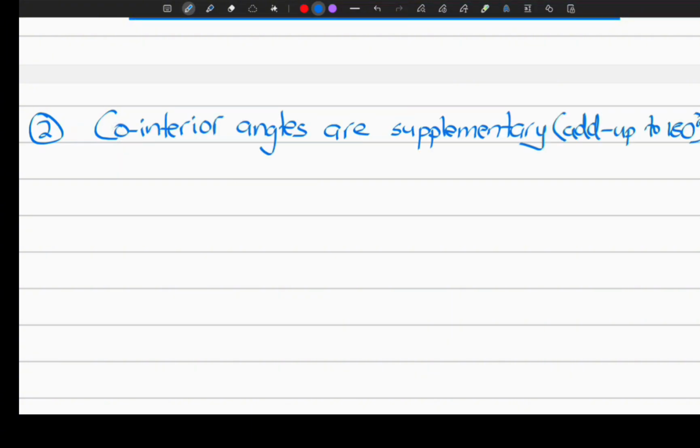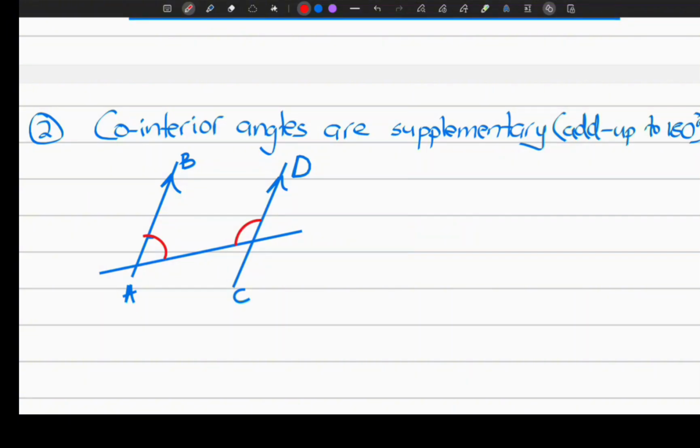The next theorem we're going to discuss says co-interior angles are supplementary. Supplementary means they add up to 180 degrees. Co-interior angles is the letter U in the word fun. In this shape, co-interior angles refer to this angle and that angle. If we add those two angles, the answer would be 180 degrees.